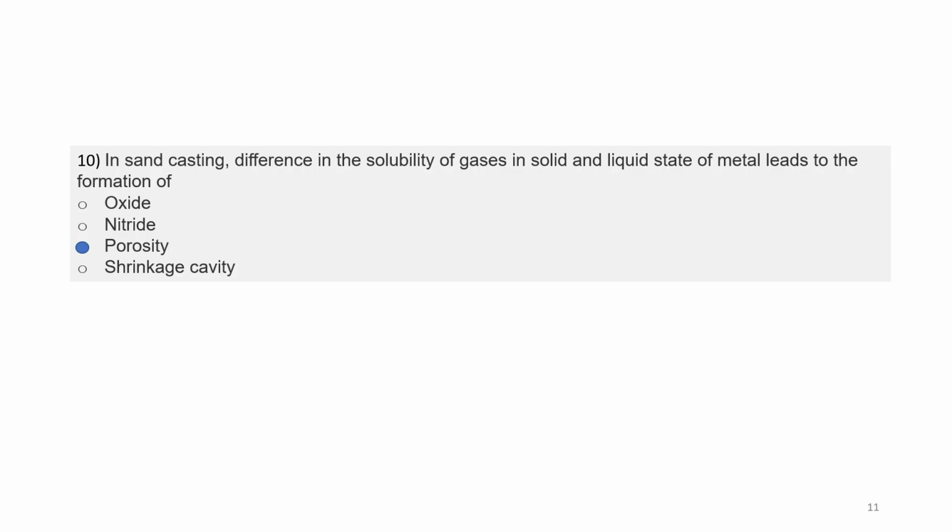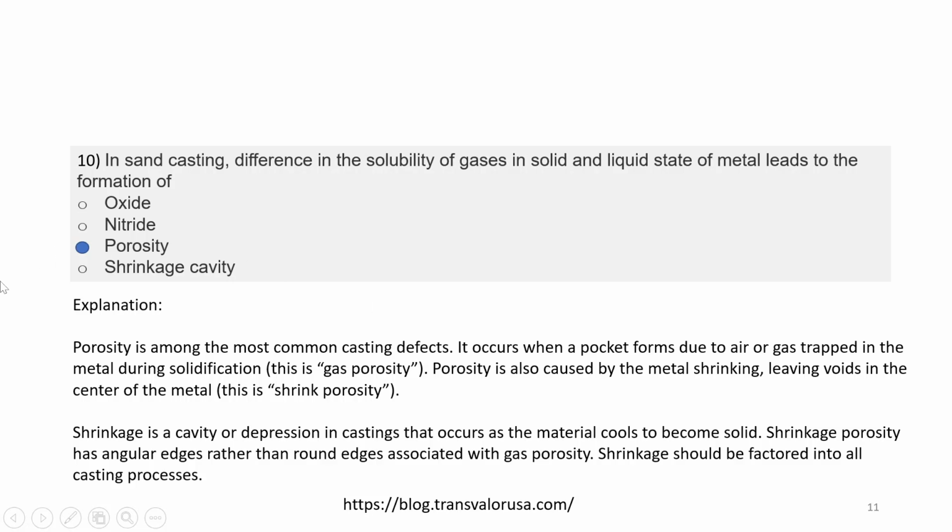So there is always a difference in solubility of gases in solid and liquid. When your material starts solidifying, some gases will get entrapped because there is less solubility in solid. Porosity is among the most common casting defects, which occurs when a pocket forms due to air or gas trapped in the metal during solidification, which is gas porosity.